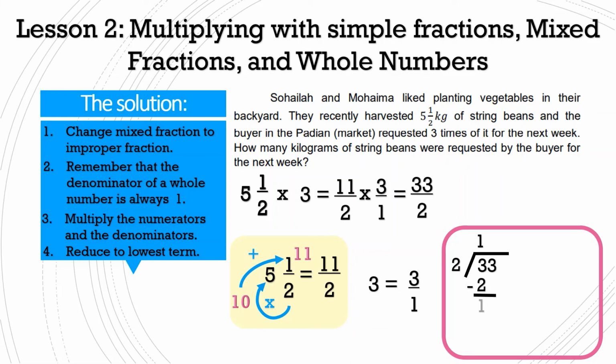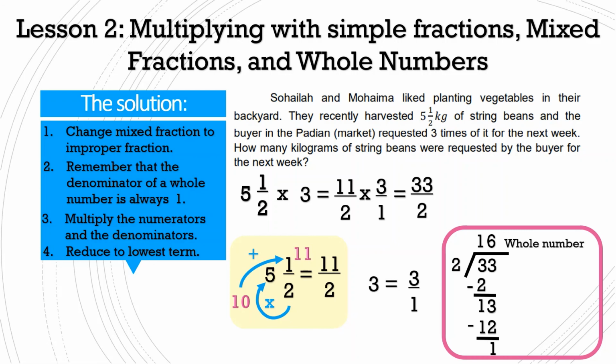Then 3 minus 2 is equal to 1. We bring down 3. So you will have 13 divided by 2 is equal to 6. So 6 times 2 is equal to 12, and then you will have another subtraction. 13 minus 12 is 1. So you have a remainder, which is 1.